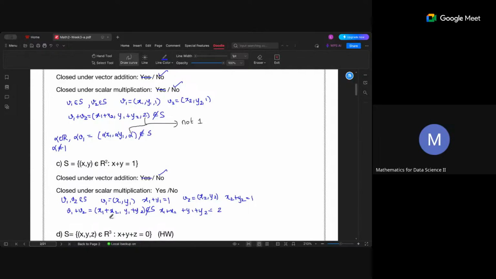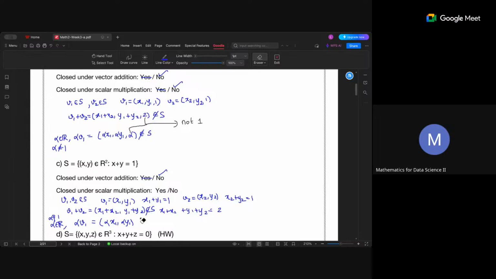What about scalar multiplication? So, alpha V1 for alpha in R. Again, here, what happens? We will take alpha not equal to 1. So you have alpha x1, alpha y1.